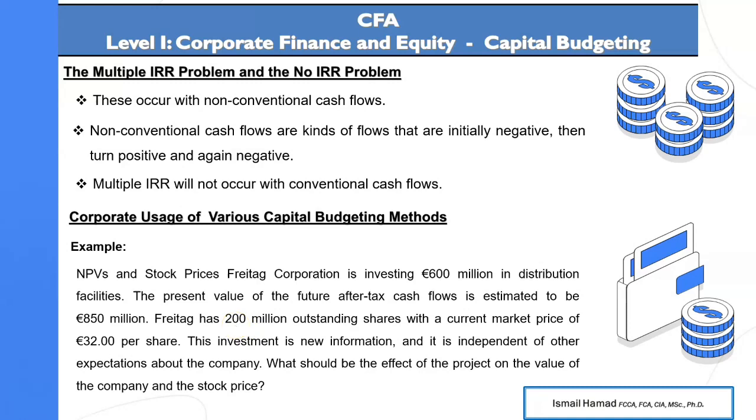So we want to evaluate what impact this project theoretically will have on the share price. It should increase the value of the company theoretically. Let us do some calculation. Do not forget the 850 present value and the 600 initial outlay.